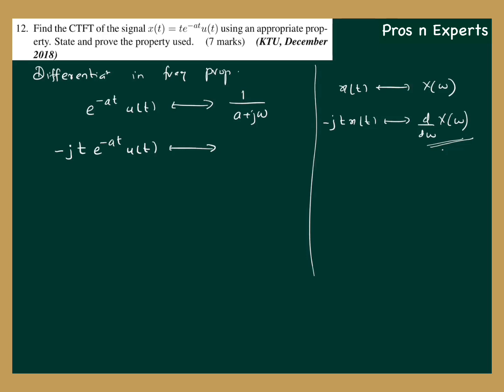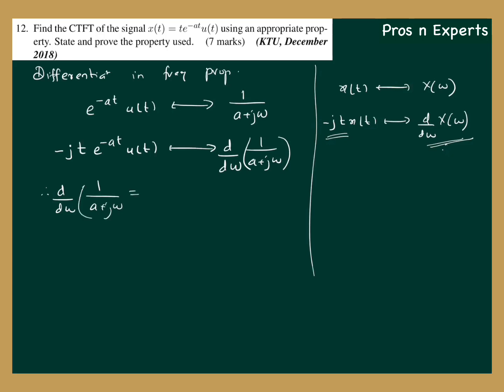This is the frequency differentiation property. You are differentiating the frequency domain. So while differentiating the frequency domain, what you will encounter is a multiplication by minus jt in the time domain. Okay, minus jt in the time domain. So what is the Fourier transform of minus jt into e raised to minus at u of t? It is nothing but d by d omega of 1 by a plus j omega. Okay, so what is d by d omega of 1 by a plus j omega?